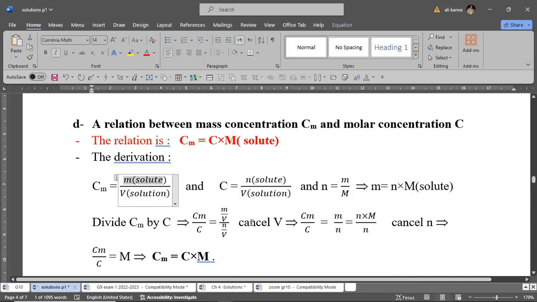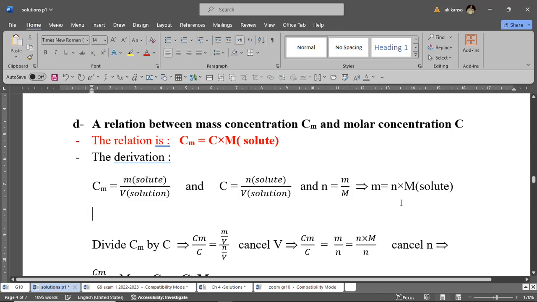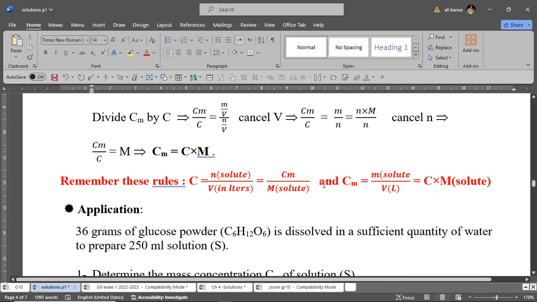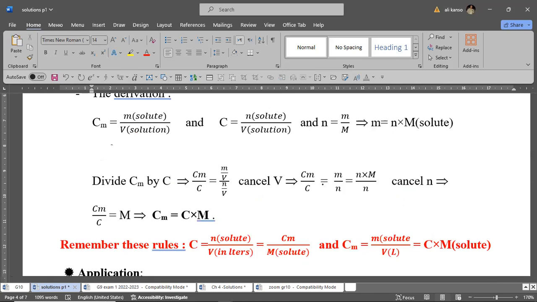Okay, let us do it in our own way. We have C mass equals mass over volume, but the mass can be changed into number of mole times molar mass, over V, and number of mole over V we can replace by C. We get C times molar mass.